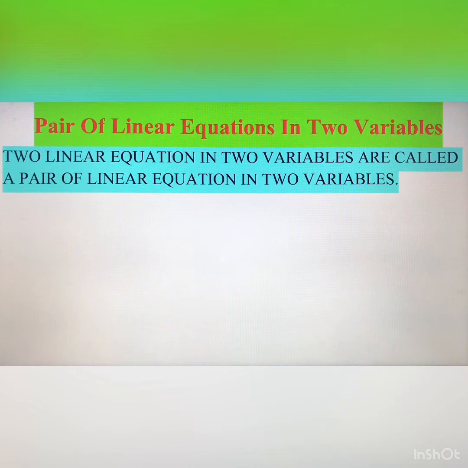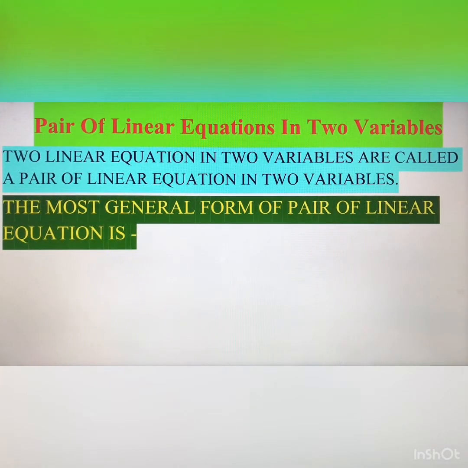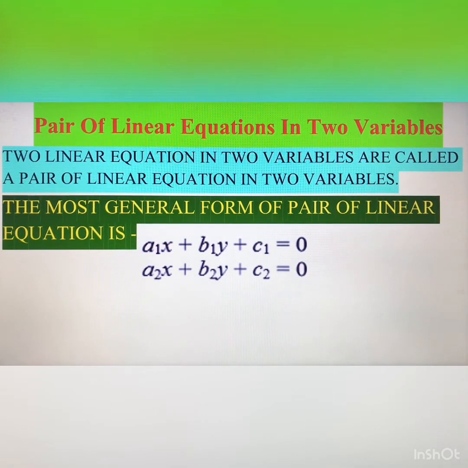It means the necessary condition is that there are two linear equations with two variables. The most general form of the pair of linear equations is a1x plus b1y plus c1 equal to 0. This is the first equation. And a2x plus b2y plus c2 equal to 0. This is the second equation.